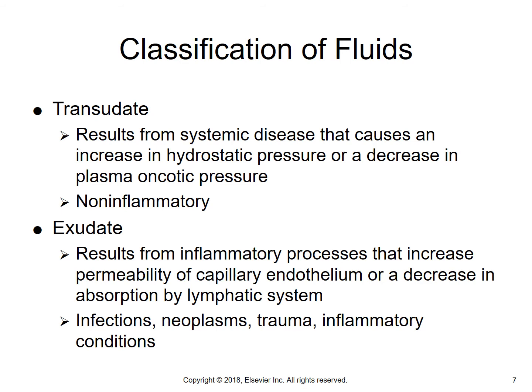So effusions are classified into transudates and exudates. A transudate is a fluid accumulation from some kind of systemic disease, whereas an exudate is a fluid accumulation from some kind of pathological state of the area.